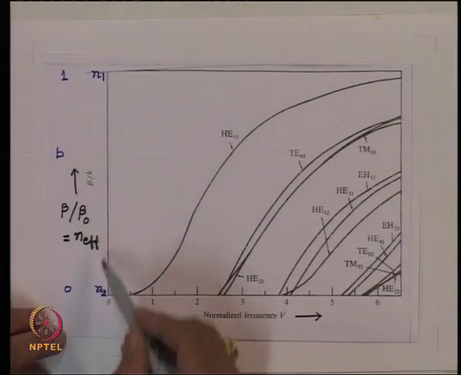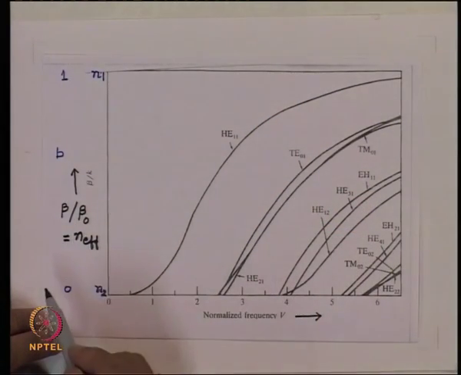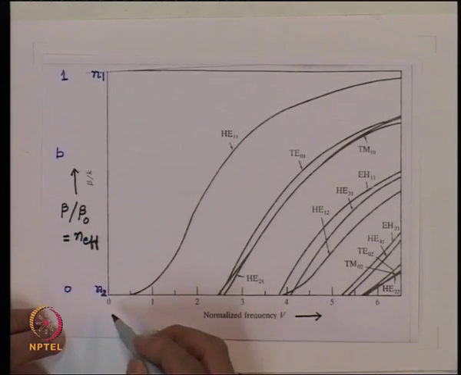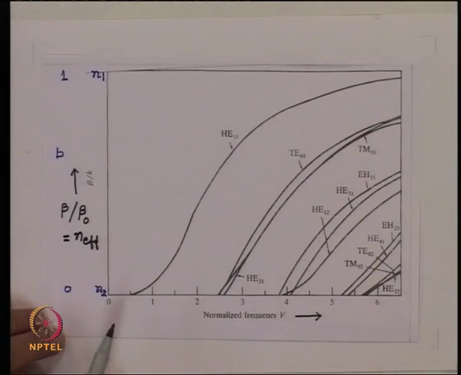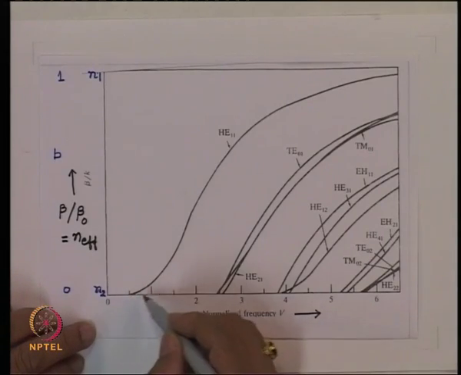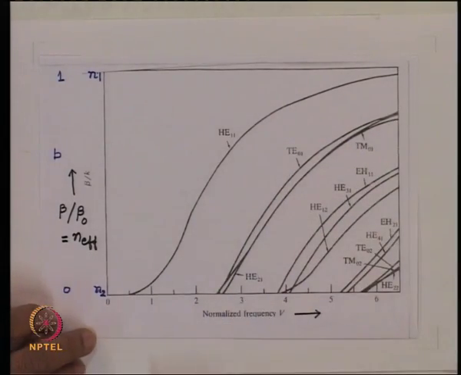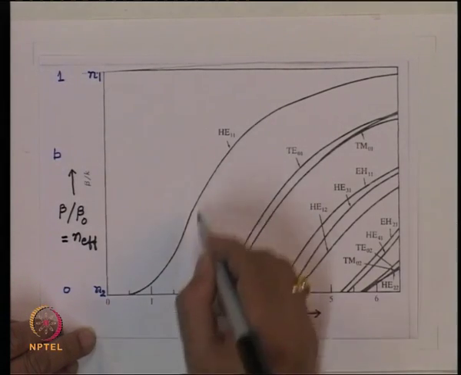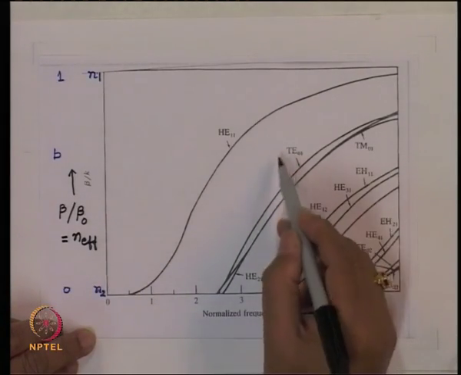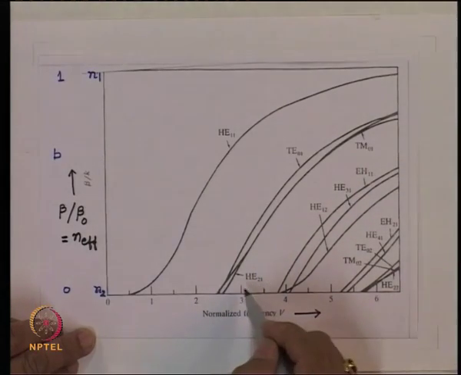So we have the V number, a representation of frequency, on this axis, and on this axis we have the normalized propagation constant B, which varies between 0 and 1, or the effective refractive index, which varies between N2 and N1. What we find is that as the V number increases, all these graphs are monotonically increasing. This is the graph which corresponds to HE11. Then we have the graphs here which are TE01, TM01 and HE21 and so on.